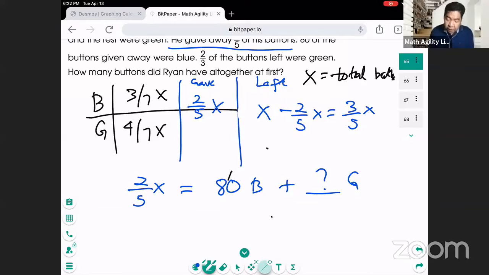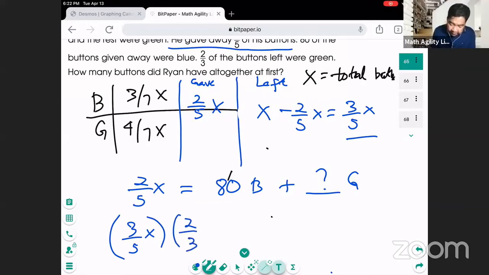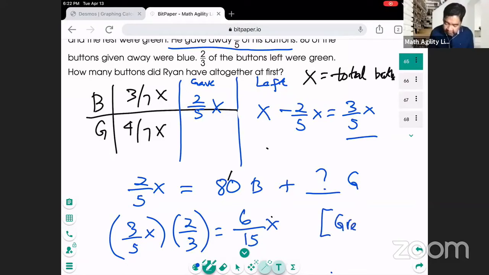We know 3/5 of x is left, and if we get 2/3 of that, it says this is the number of green buttons that was left. Basically we're just multiplying this, so 6/15 of x is the green buttons.